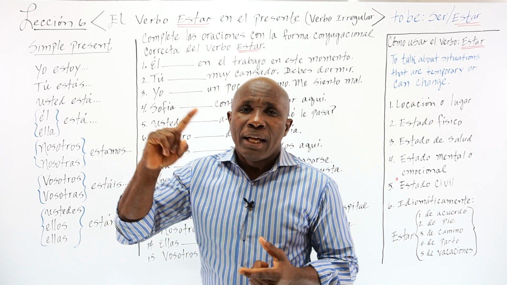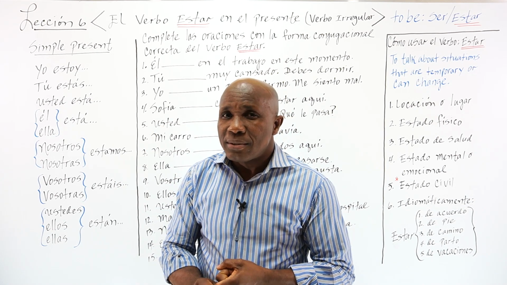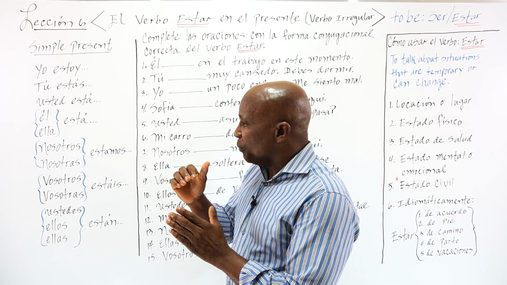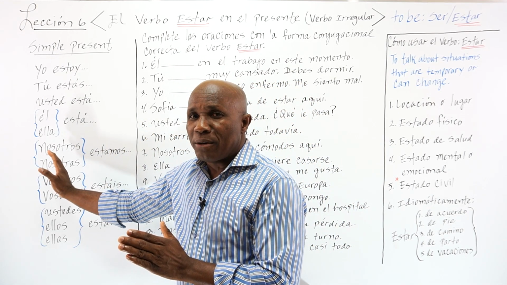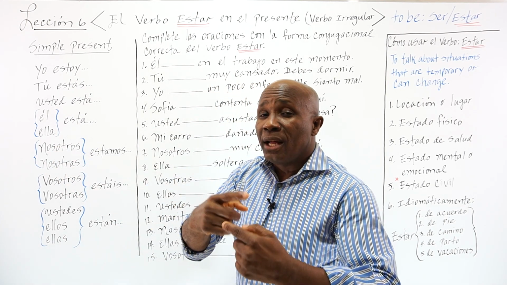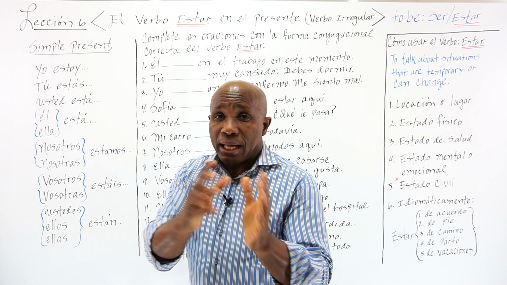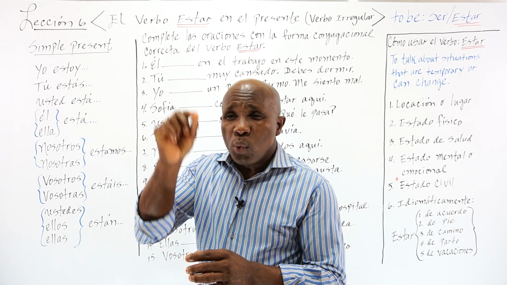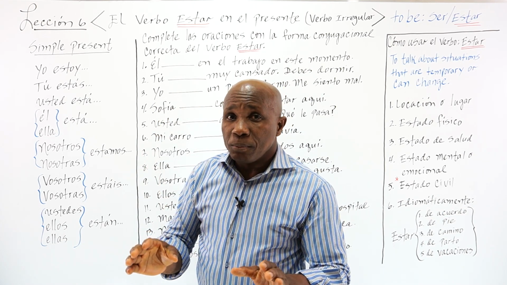But we also have palabras esdrújulas. Those have the stress in the third syllable, counting backwards, right? And you also have the sobresdrújulas. These last two categories, we always put the accent mark on. Always.